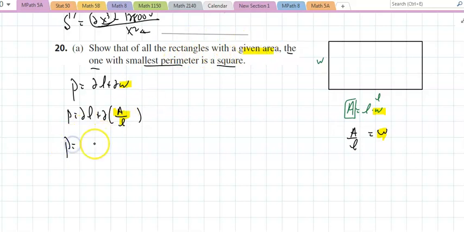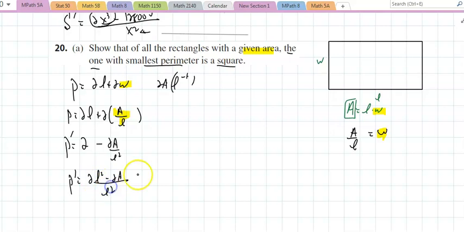The perimeter prime would be 2 minus, and this is like a, remember, this is the only variable that's a constant, 2a you leave alone. Bring the power down, subtract 1 from the power. The perimeter prime will be 2L squared minus 2a over L squared.